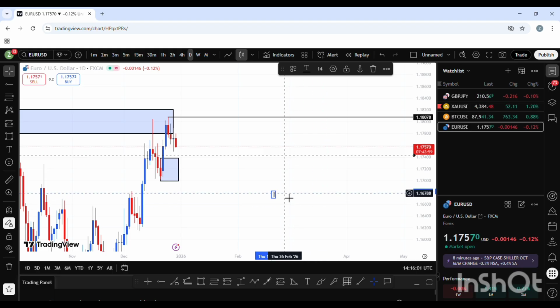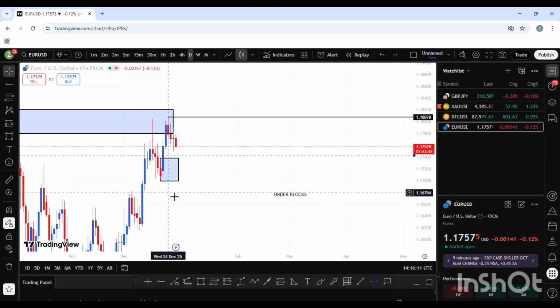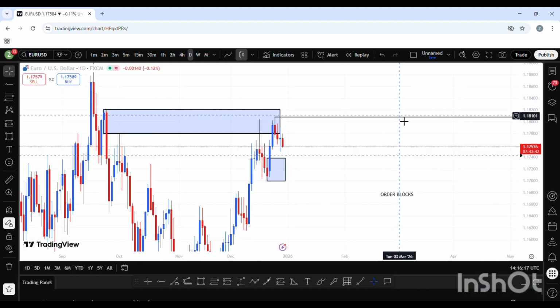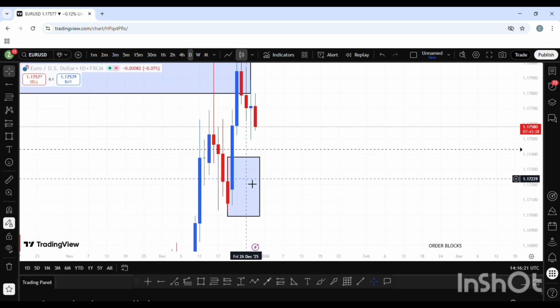So for your order block to be valid, whether the market is in an uptrend or downtrend, it must have an FVG. For me, I don't trade ranging markets. That's why you'll rarely hear me mention it. I only deal with bullish and bearish markets, that is uptrend and downtrend.